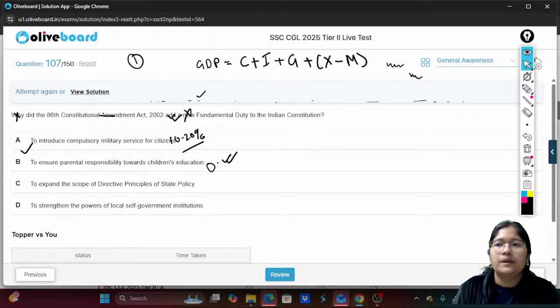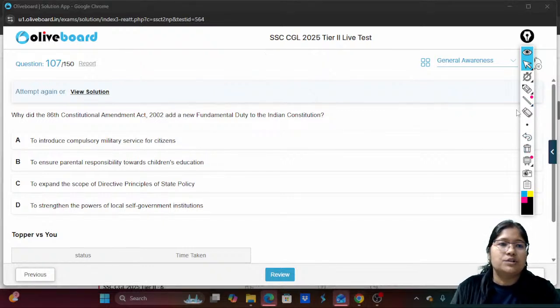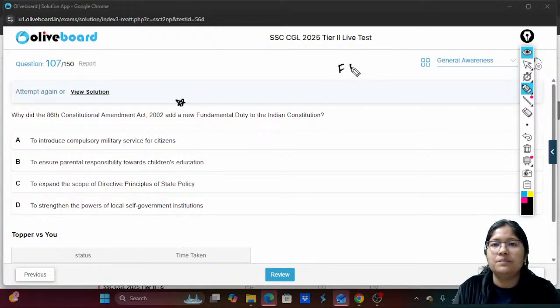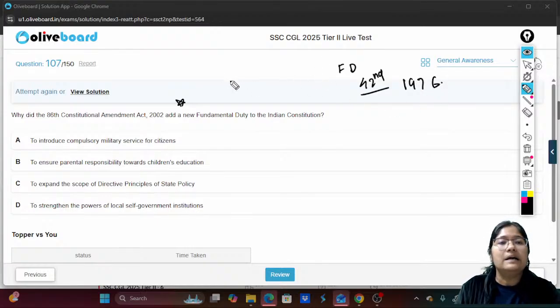All right. The next question is, why did the 86th Constitutional Amendment add a new feature? So there was a new fundamental duty that was added. See, fundamental duty itself was added to the Constitution by the 42nd Constitutional Amendment Act of 1976. And there are now 11 fundamental duties.